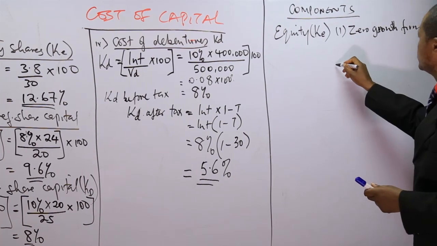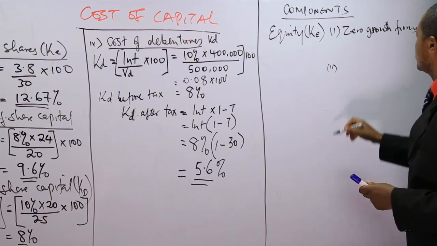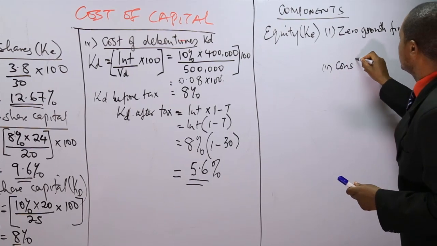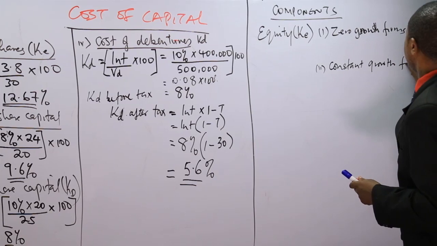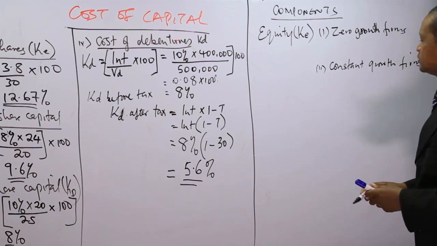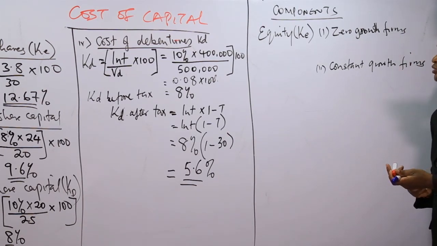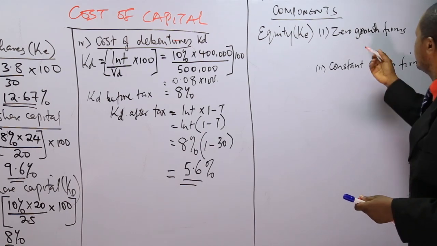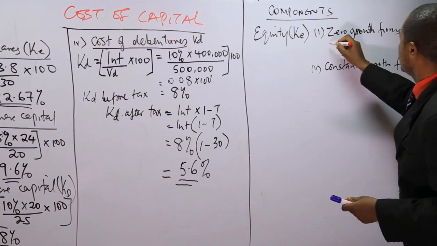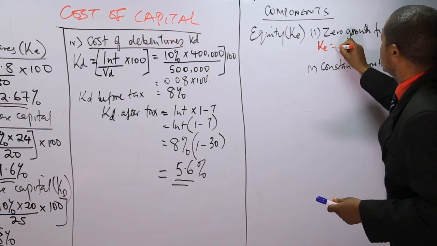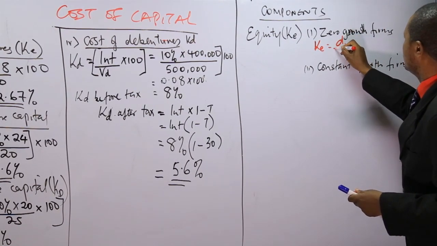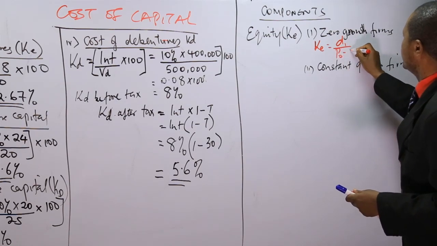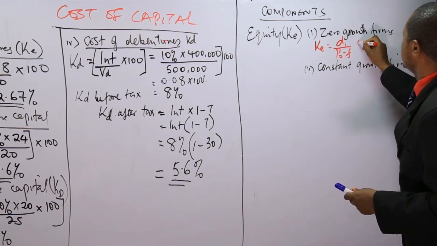Then number 2 is what we call constant growth firms. So the cost of equity for a zero growth firm, KE, is equal to D1 over P0 minus F times 100.